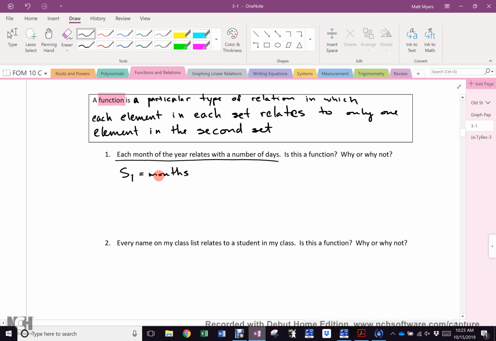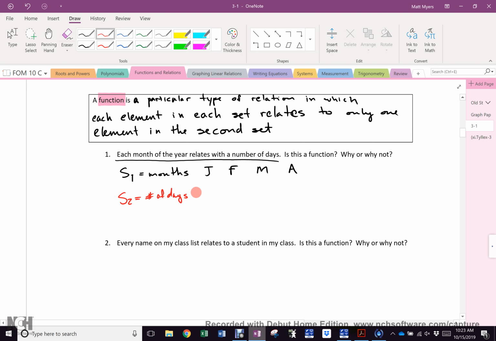What are the elements of that? January, February, March, April. And we can stop there because it's going to prove my point. What is the second set? Number of days. Second set is number of days.